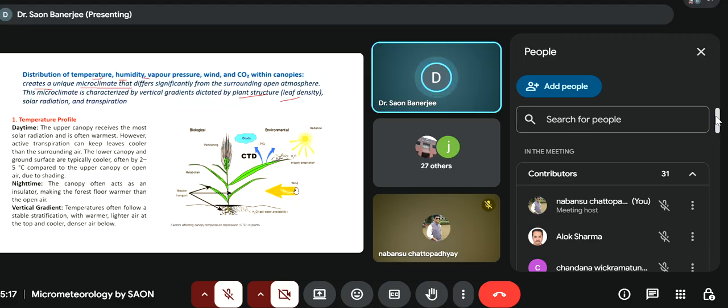Now, if we think about the temperature profile, the upper canopy receives most of the solar radiation. So the upper canopy is the warmest area, and the lower canopy is a little bit cooler. At night time, the canopy itself acts as an insulator.